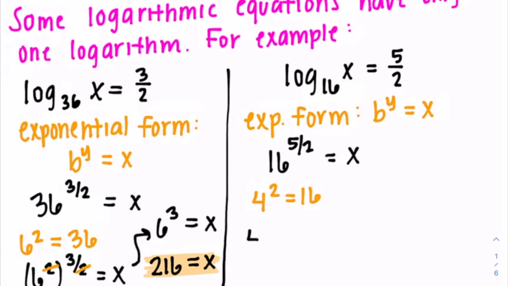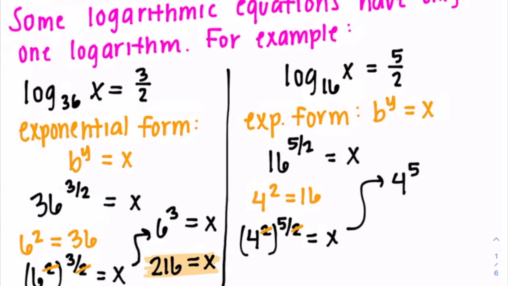When we substitute 4 squared for 16, we can cancel out the 2's, which gives us 4 to the 5th power equals x. When we simplify that, we get 1024 equals x.